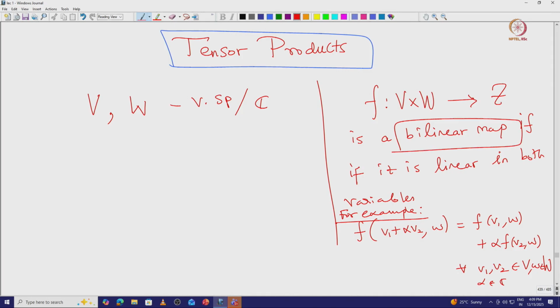Now, what do we want to do? We want to get a universal vector space that extends all possible bilinear maps from V cross W to any given vector space Z. This is the question, or the universal property.